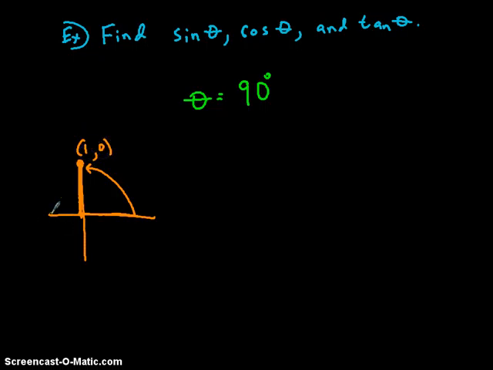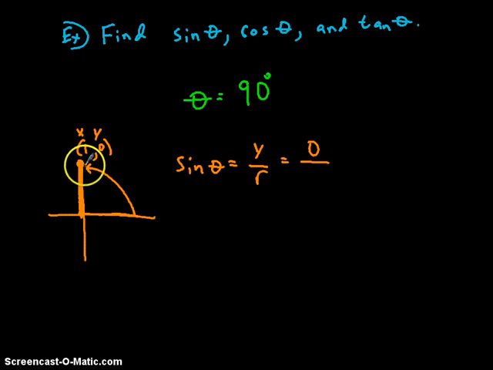So in order to find sine of 90, it's going to be best to know the sine of theta was equal to y over r. Because at this place, there's no way to create a triangle. So this is x, this is y, and if that's the case, it's going to wind up being 0 over r. And if there was a triangle, it'll have that the r value has to be 1.